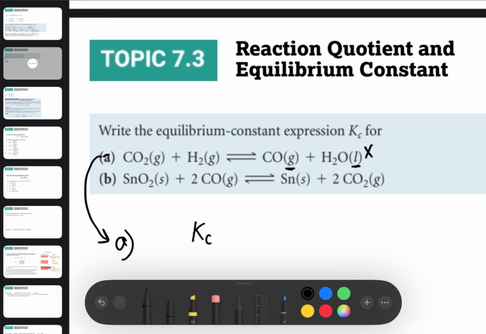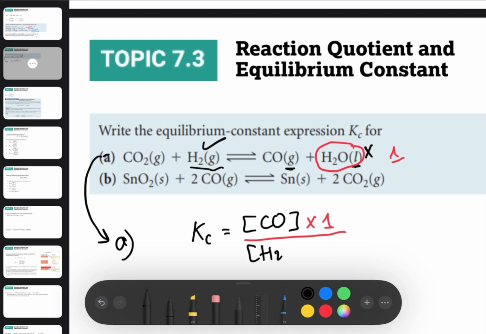So Kc is equal to CO. I need it. And if you don't want to make mistakes, you can say that the species in a liquid or solid state, we just put 1 instead. So it's multiplied by 1 over. You have hydrogen, it's a gas, acceptable. I put hydrogen and then multiply by CO2, which is a gas.